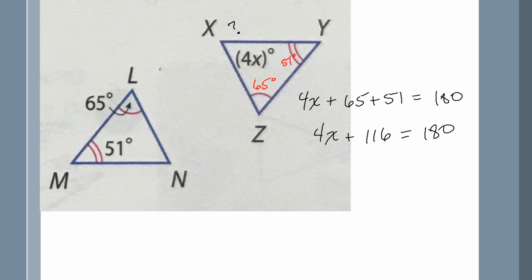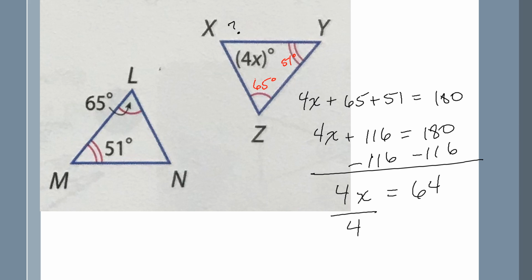I'm going to go ahead and subtract 116 from each side. Right? And 180 minus 116 comes out to 64. So 4x is equal to 64. Divide each side by 4. And x is equal to 16.